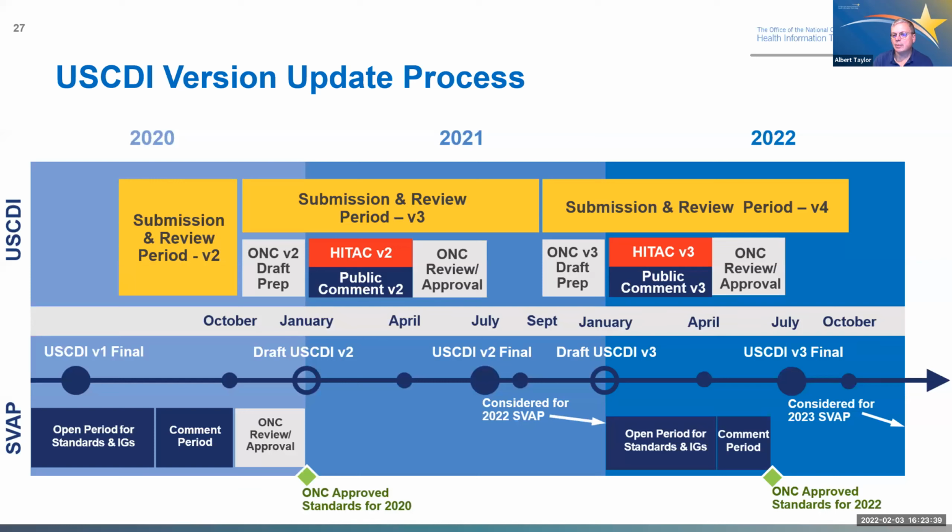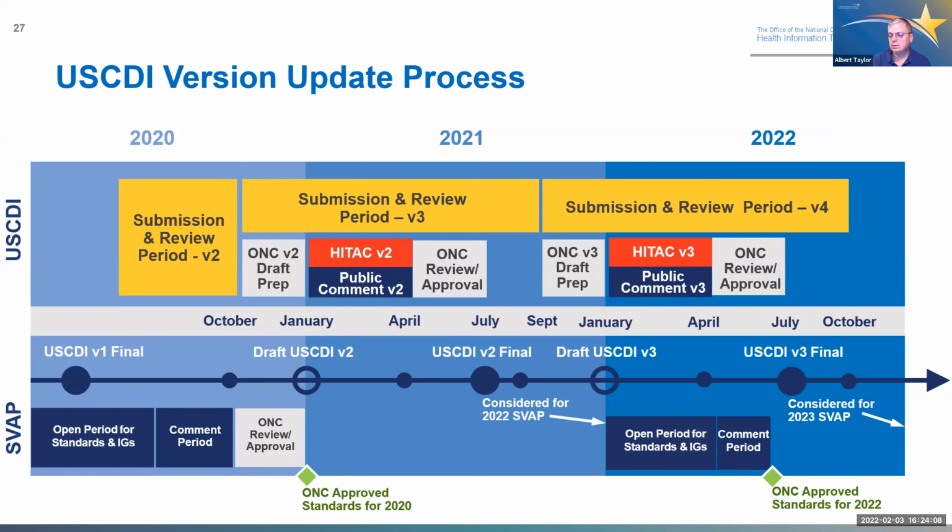Once that comment period or feedback period has ended, ONC will take all of those comments and figure out which of the draft USCDI v3 data elements, or any of the other data elements that were previously submitted, ought to be included, and then publish the final version of USCDI version 3.